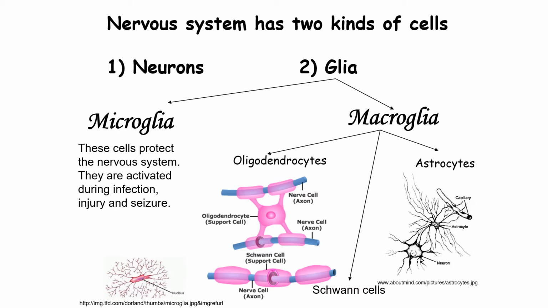If there's a foreign body or an injury, the immune response is activated, and both microglia and astrocytes are abundantly present in those locations, trying to clean up, trying to regulate the environment, and bringing that particular brain region back to homeostasis. So those are the different kinds of cells present in the brain.